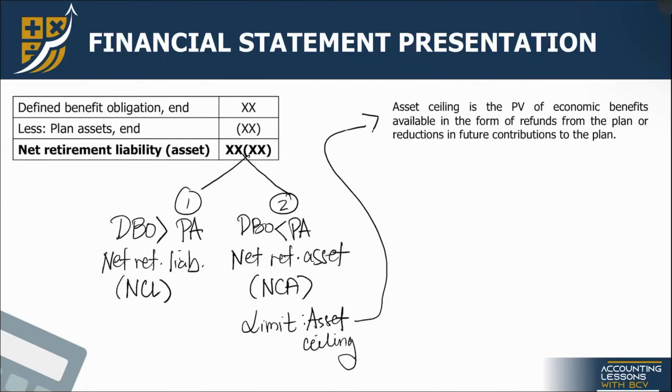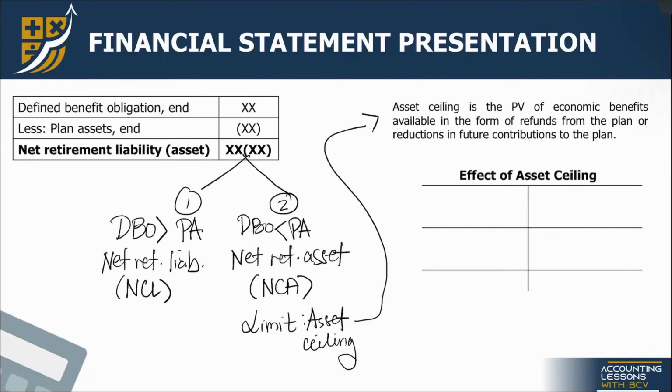What is this additional procedure? Magkakaroon tayo ng tinatawag na effect of asset ceiling. Effect of asset ceiling is a contra account to your plan assets. Kinokontra niya na yung ating net retirement asset in this case. Nakukuha ba ako? Okay, contra account to.